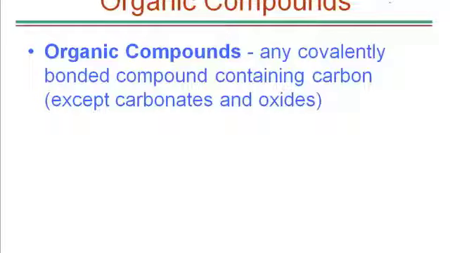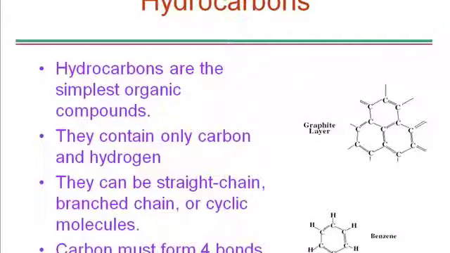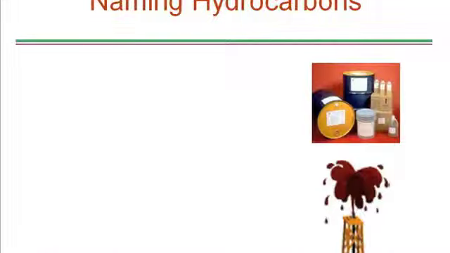Exceptions are carbonates and oxides, where you see oxygens bound to carbons, and also cyanide. So again, hydrocarbons are the simplest organic compounds, and they only contain hydrogen and carbon. They can make many different shapes, sizes, and lengths, and again, carbon must form 4 bonds.